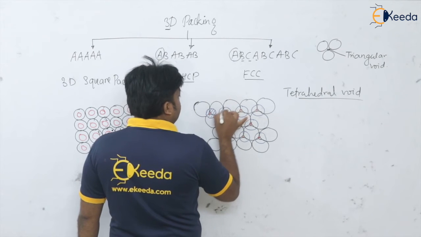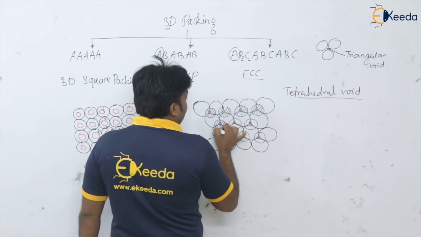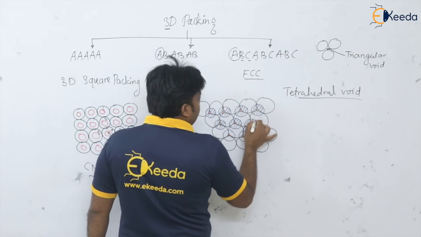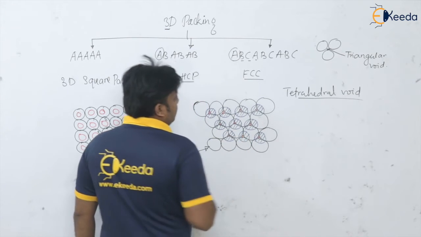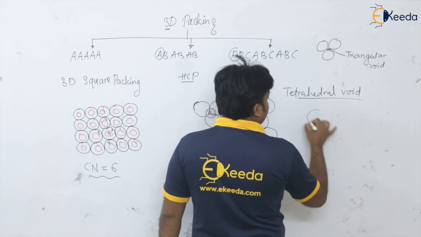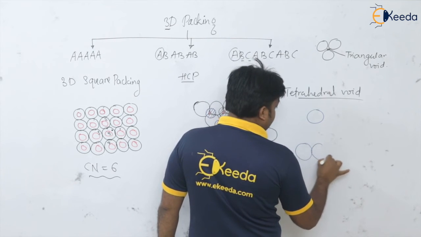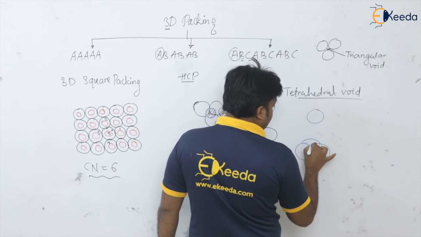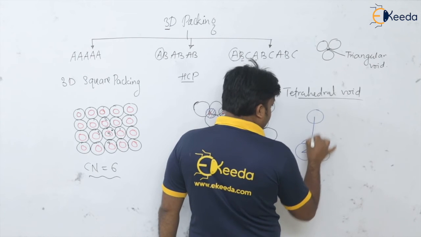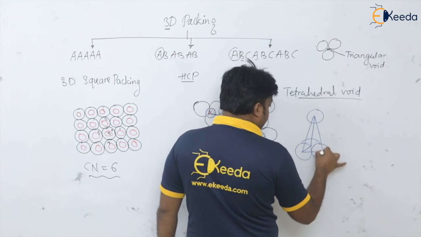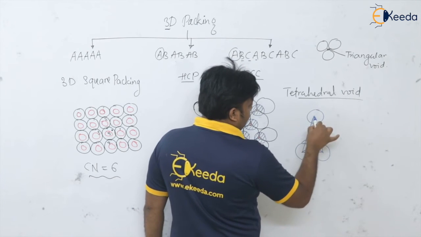Okay, so see here, this blue plane layer, the atoms I placed here, are all covering the tetrahedral voids, isn't it? Like this tetrahedral void, how? 1, 2, third atom, okay, so this is the tetrahedral void here.